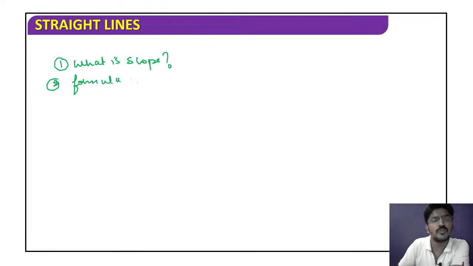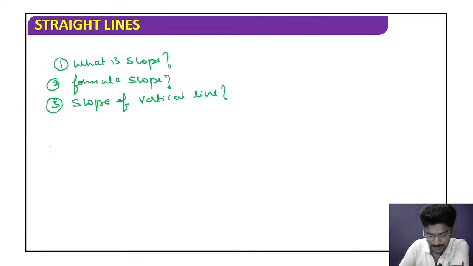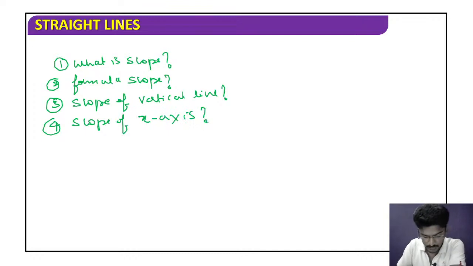Formula for slope. Third one. Slope of vertical line. Fourth one. Slope of x-axis. Quickly give me the answers.